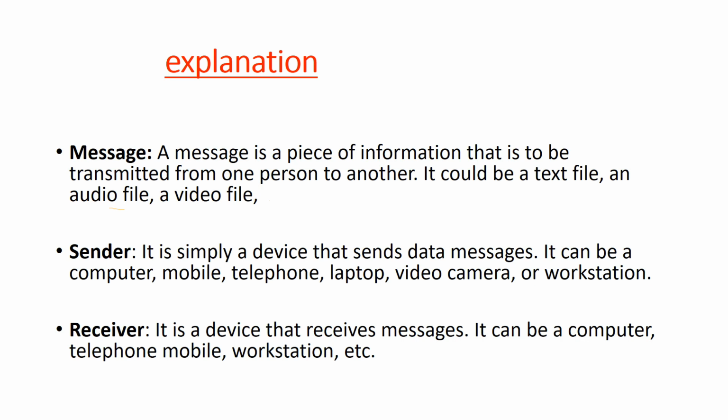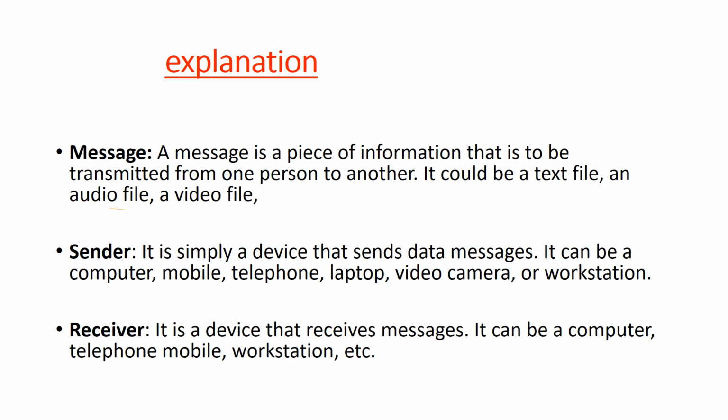We have the second component, which is the sender. It is simply a device that sends data messages. It can be a computer, mobile, telephone, a laptop, video camera, or workstation. We have the third component, which is the receiver. A receiver is a device that receives messages.